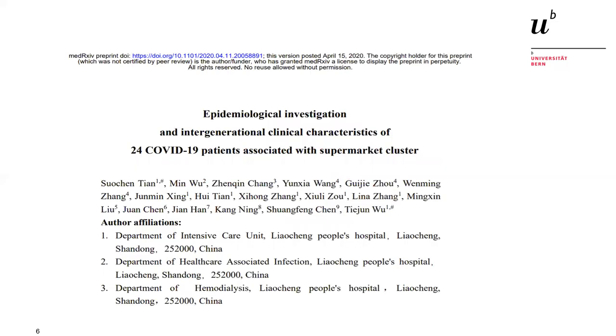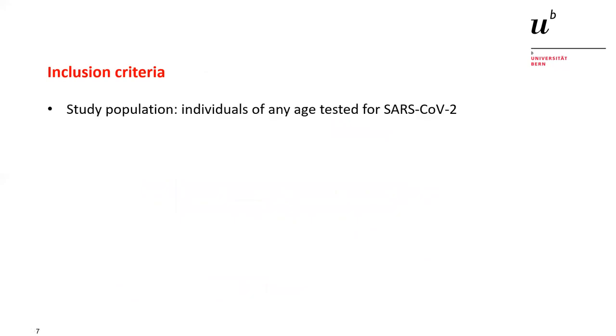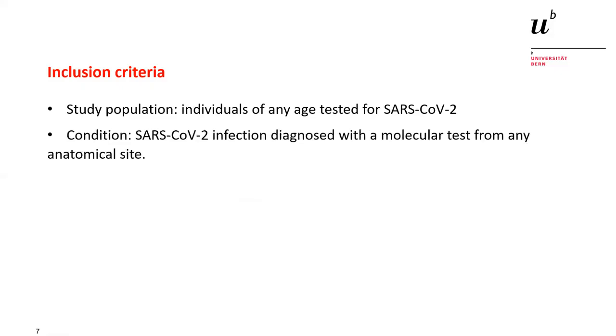This is the first study. This is a study about an epidemiological investigation of 24 COVID patients associated with a supermarket cluster. So let's remember the inclusion criteria. Here, the study population: individuals of any age tested for SARS-CoV-2. SARS-CoV-2 infection needs to be diagnosed with a molecular test from any anatomical site.